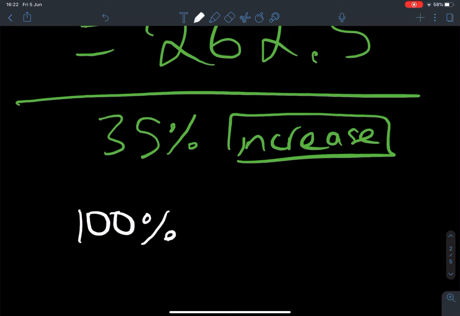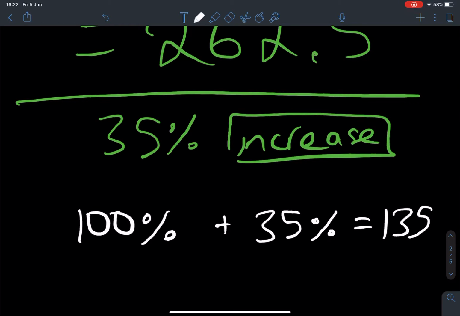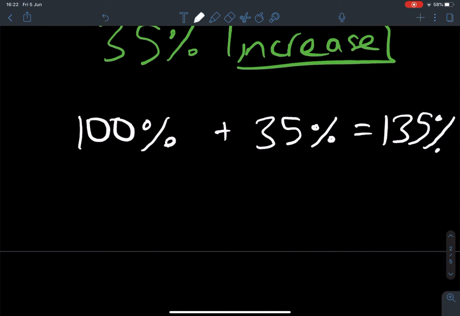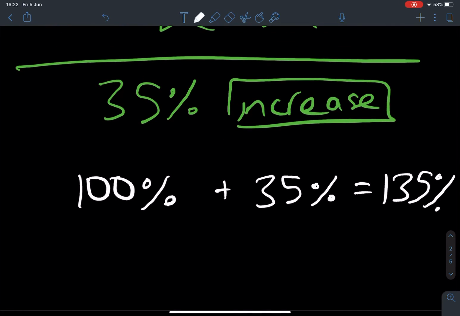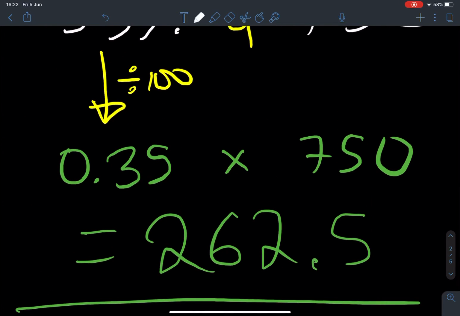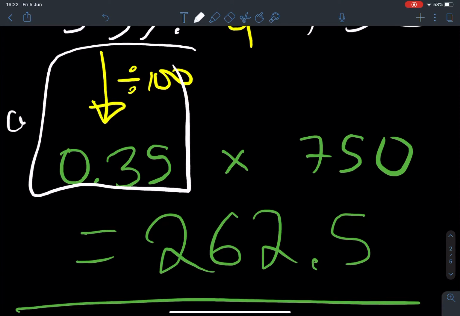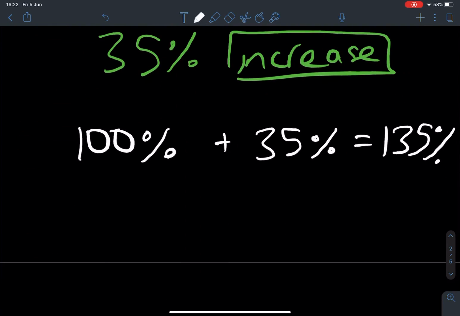So if I'm working out a 35% increase, what I'm actually doing is adding 35% to the original value, which is 100%, which is the same as working out 135%. And just like we did over here, where we converted into a decimal, I also convert 135% into a decimal.